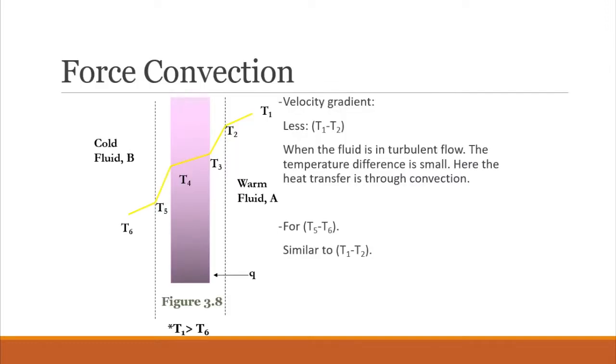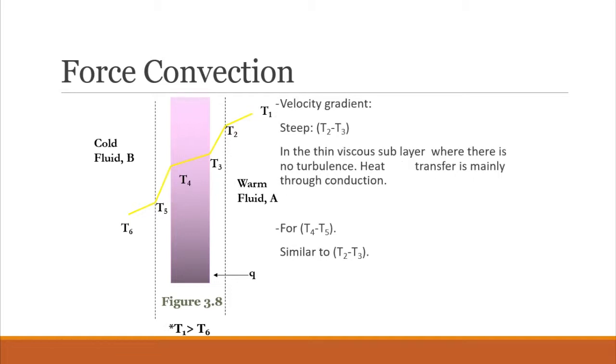Forced convection, velocity gradient, T1 minus T2. When the fluid is in turbulent flow, the temperature difference is small. Here, the example is through convection. For T5 to T6 similar to T1 to T2.